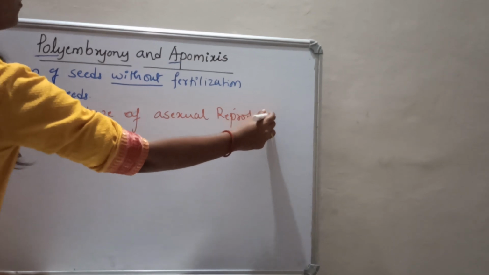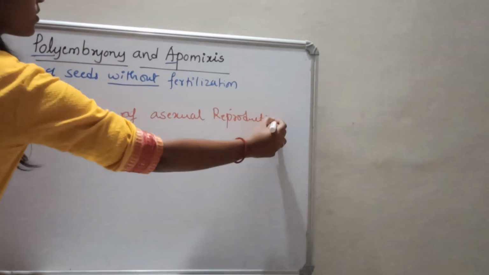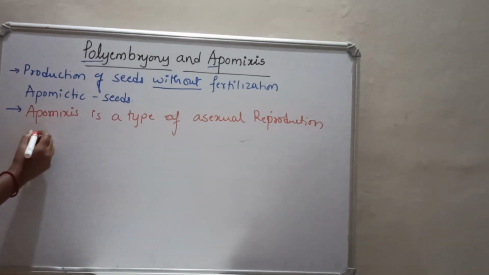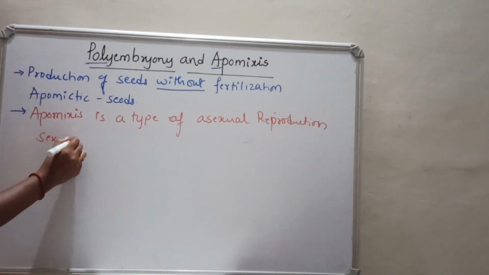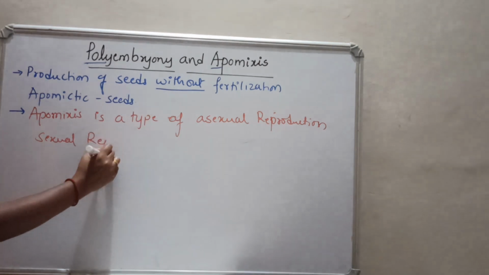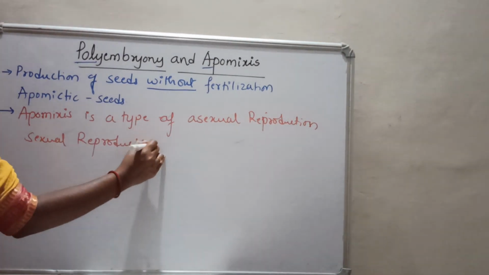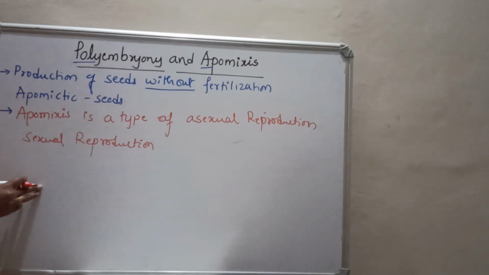Apomixis is a type of asexual reproduction, and here sexual reproduction is absent in the apomixis process.